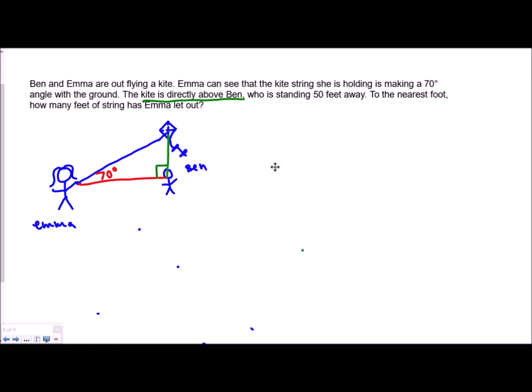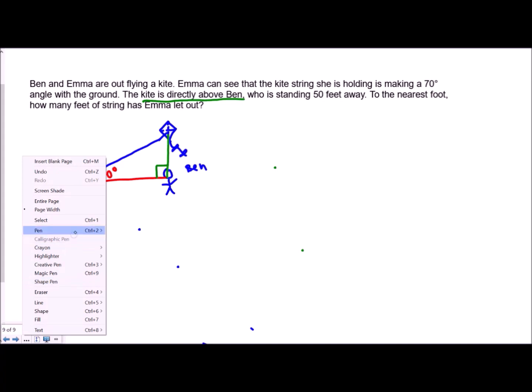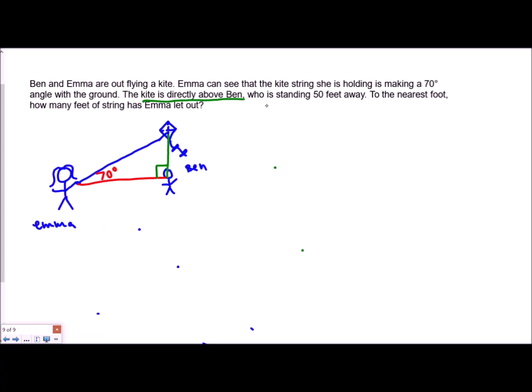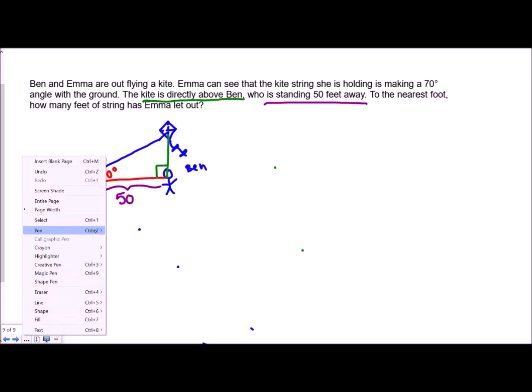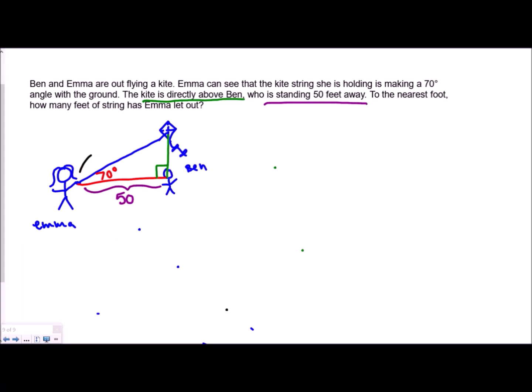Okay, he is standing 50 feet away, which corresponds to this guy right there. Then it wants to know how many feet of string has Emma let out. That's going to be this last piece up here, and that's our unknown.